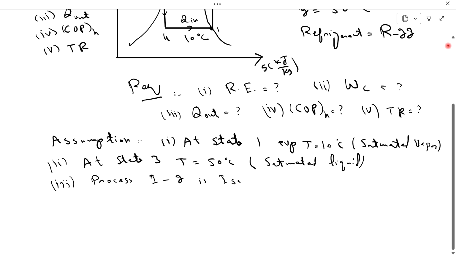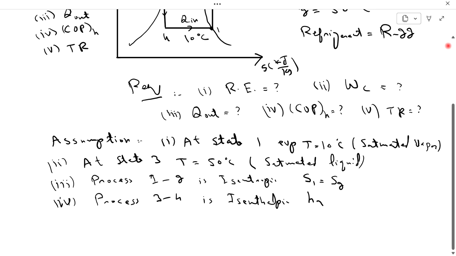Isentropic means that S1 is equal to S2. And assumption number 4 is that process 3 to 4 is isenthalpic. Isenthalpic means that H3 is equal to H4.